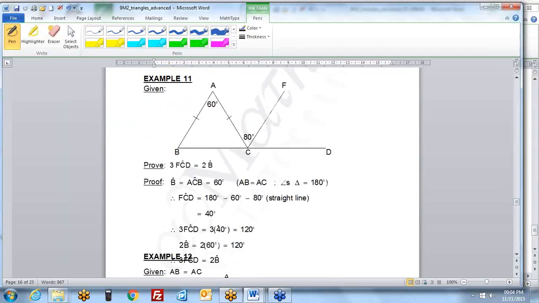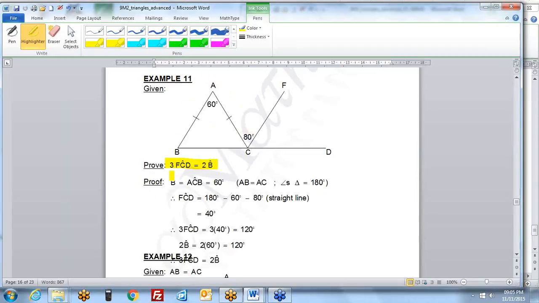Right, let's do example 11. Given, 3, that's what we're going to prove just now. Let's just quickly look what they give us. Angle BAC equals 60, angle ACF equals 80, and then you have AB equals AC.